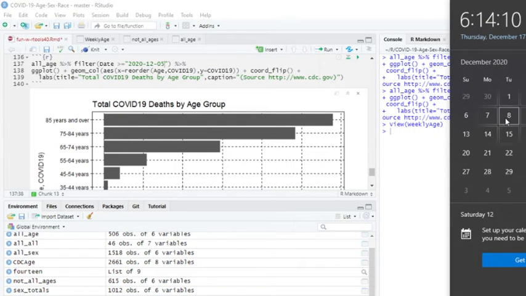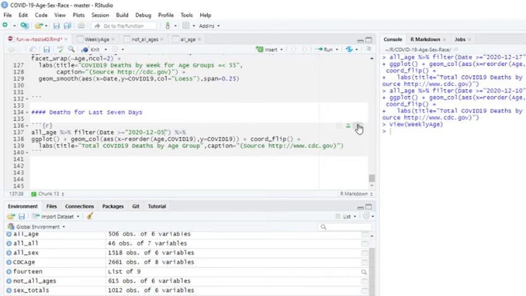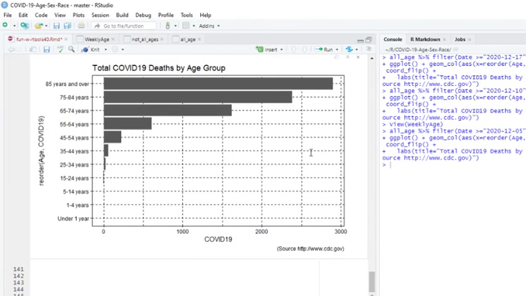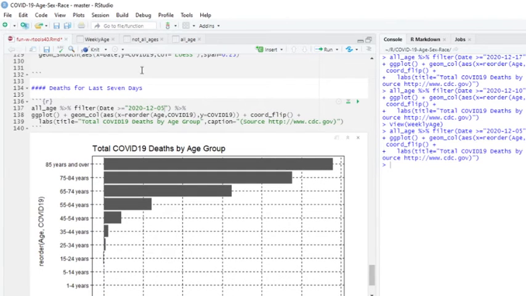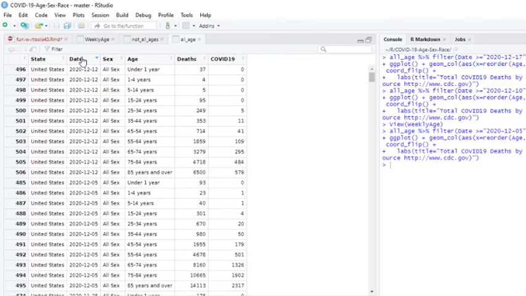So the question is which age groups had the most deaths the previous week? Here we have it. Okay, so this starts on 12/1, ends on 12/12.